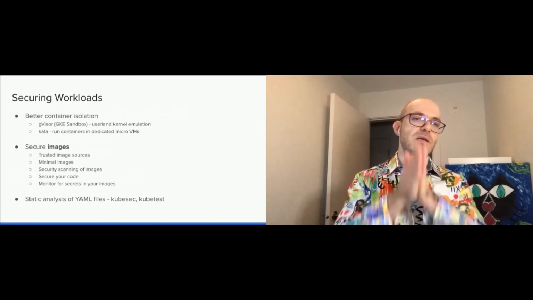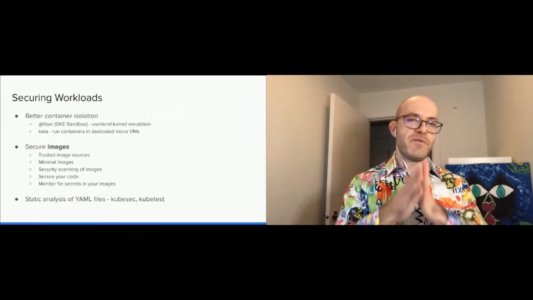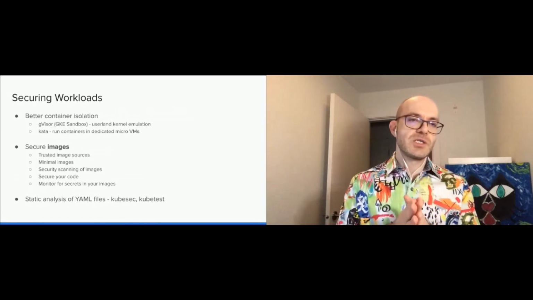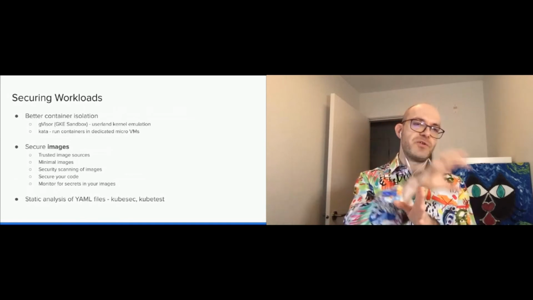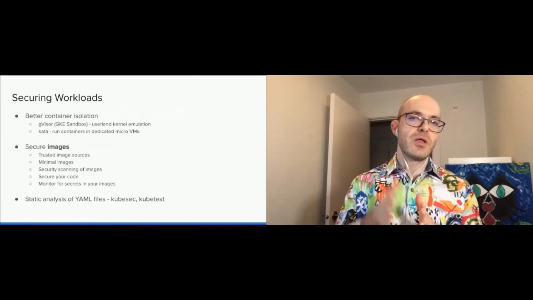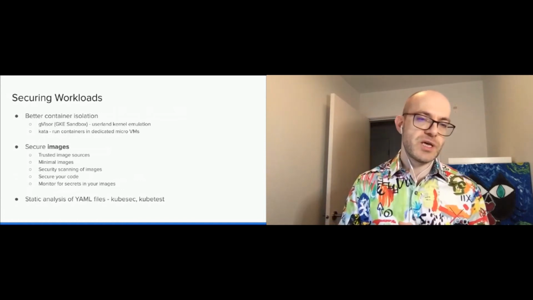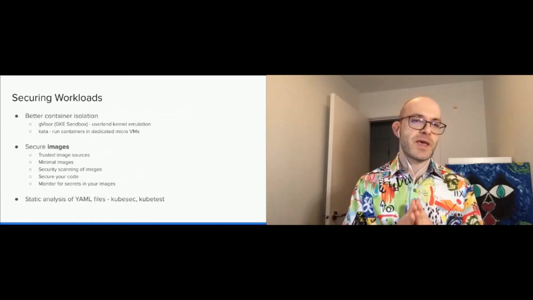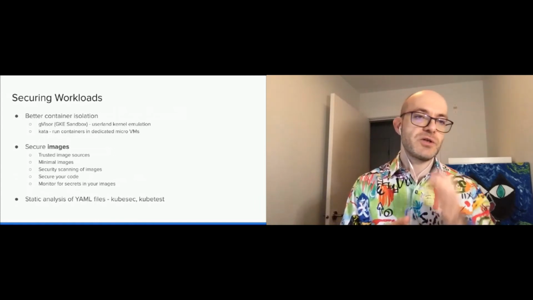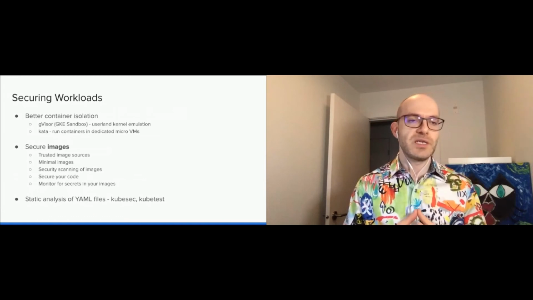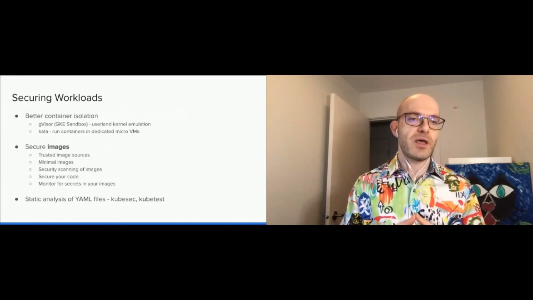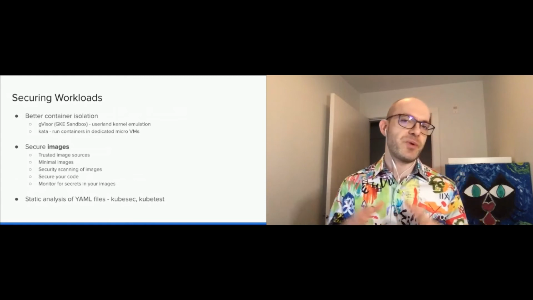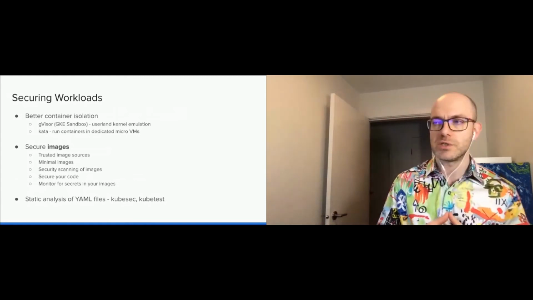So it adds another layer between the container and the host, so that even if there is a privilege escalation vulnerability in the kernel, chances are containers won't be able to use it because that's not the kernel that they interact with. The other option here is something called Kata. I don't think any of the cloud service providers support this yet, but the idea is that instead of running workloads as true containers, they instantiate a micro VM for each of the containers and provide much better isolation for the workloads.